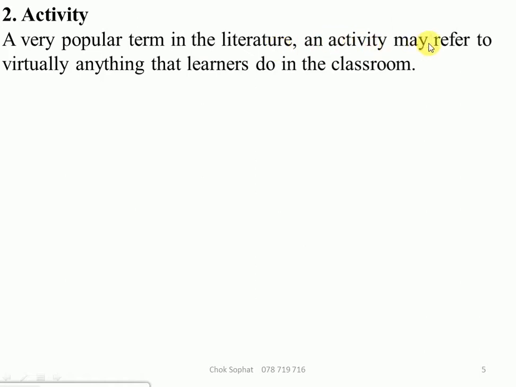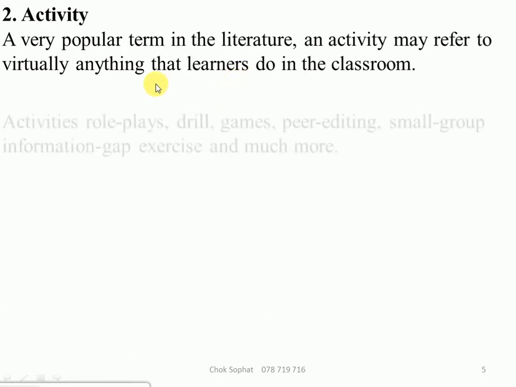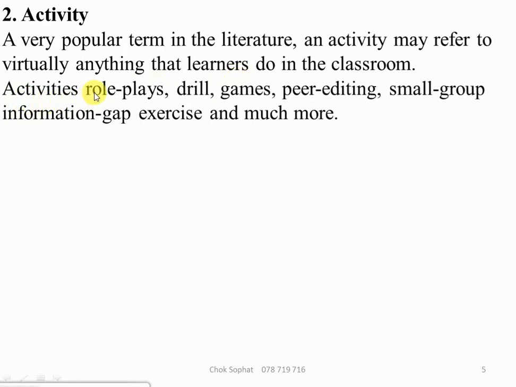An activity may refer to virtually anything that learners do in the classroom. So anything that learners do in the classroom is called activity. Activities include role play, dual game, peer editing, small group information gap exercise, and much more. All of these are activities that students perform in class.